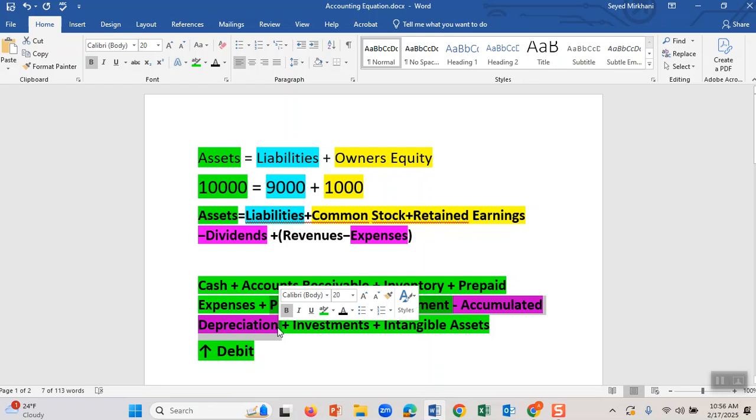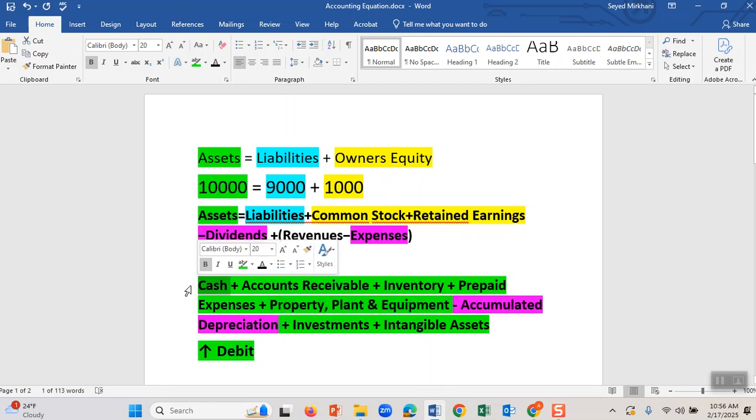Now, this cab driver has worked hard and has cash in the bank. Imagine she has as much as $200 in the bank. And also imagine she has given a ride to one of her friends. She has not been paid any money. Therefore, that is accounts receivable for her.